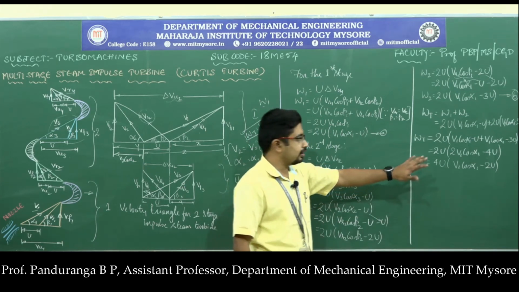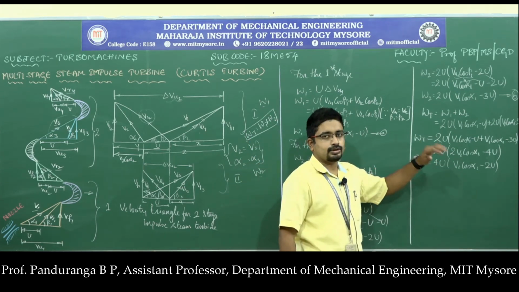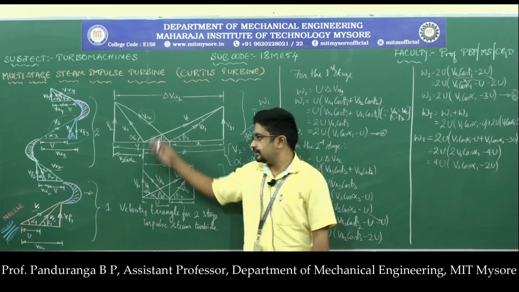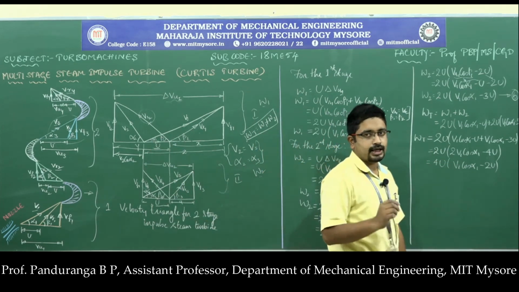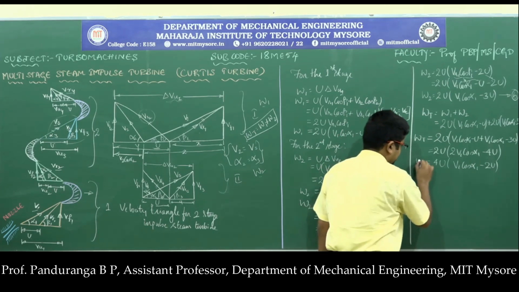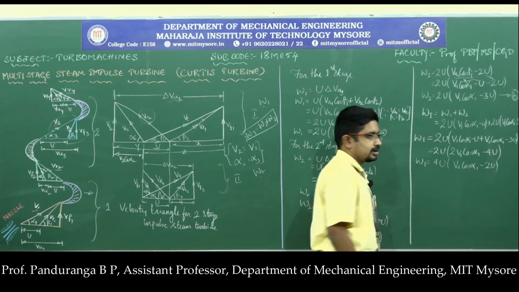This is the equation for the total work done from the 2 stages of the Curtis turbine or velocity compounded impulse turbine. So Wt will be equal to this.